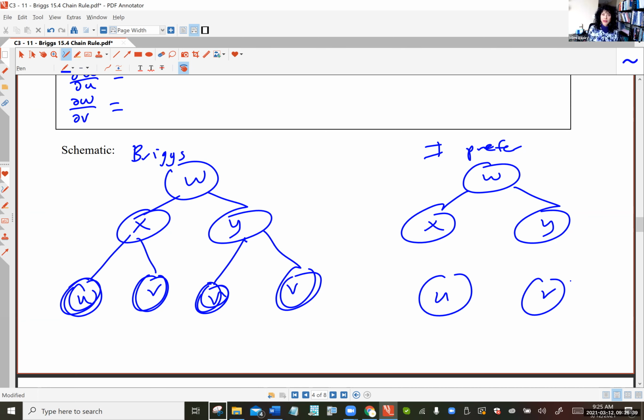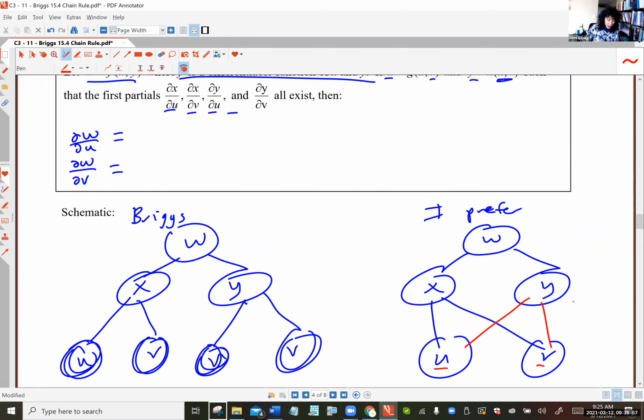They're the ones driving the bus. So X is a function of U and V, so we have to draw out 2 branches there. And Y is also a function of U and V. So he's also attached to those guys. So U and V are the independent variables. So they're 2 independent variables, and they're driving the bus.